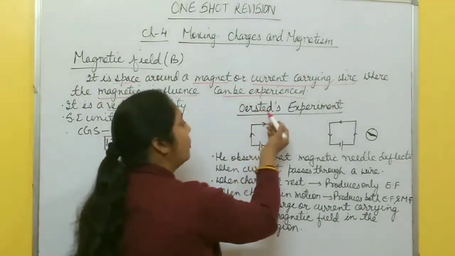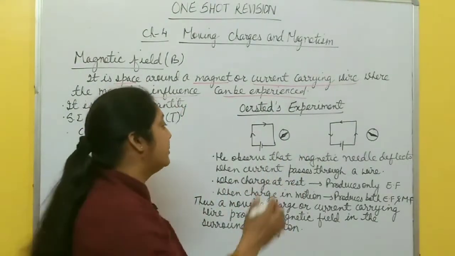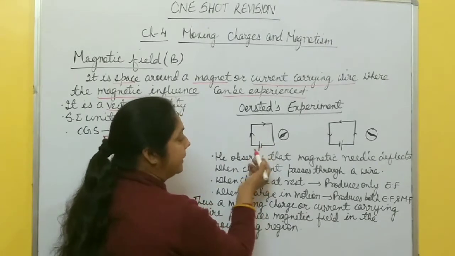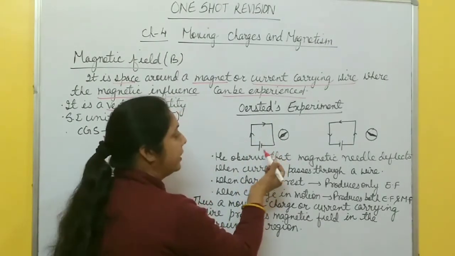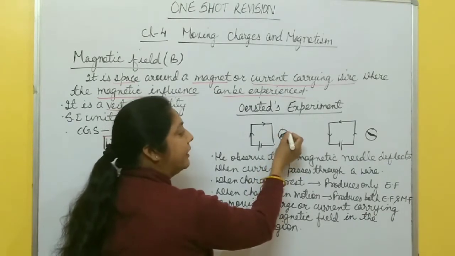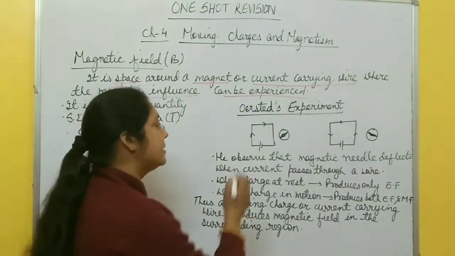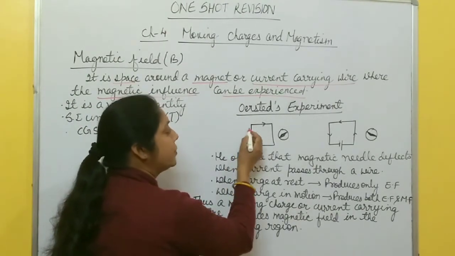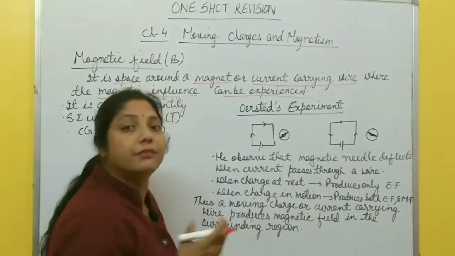Oersted was the scientist who discovered that, suppose his experiment is like this one, this is a current carrying wire or loop or circuit, and he kept one magnetic needle around this wire. What happens? When current starts flowing through this circuit or wire, the needle starts showing deflection.